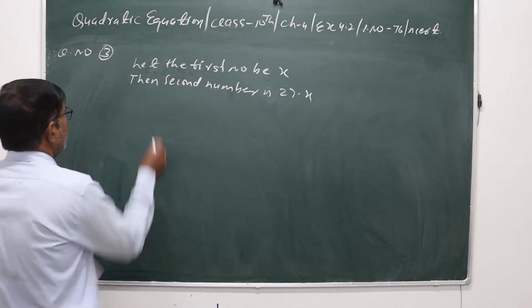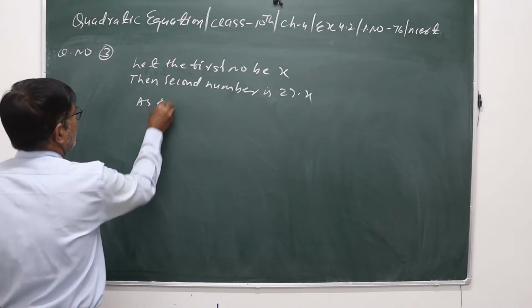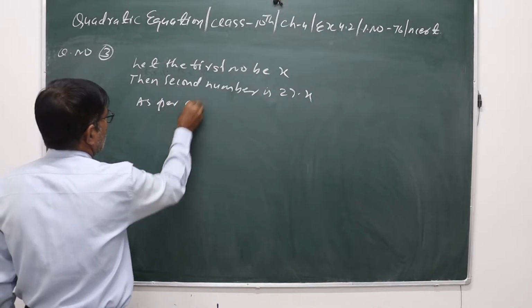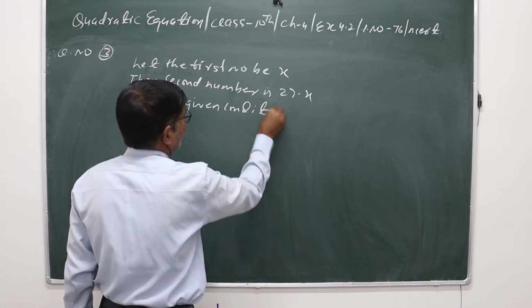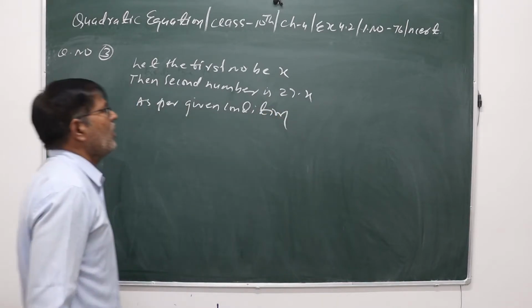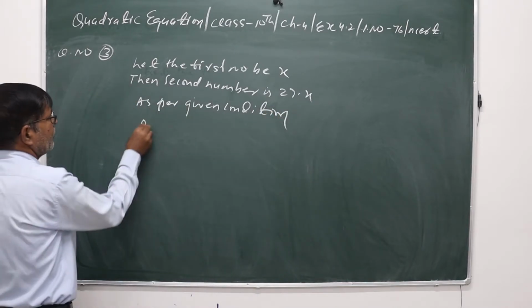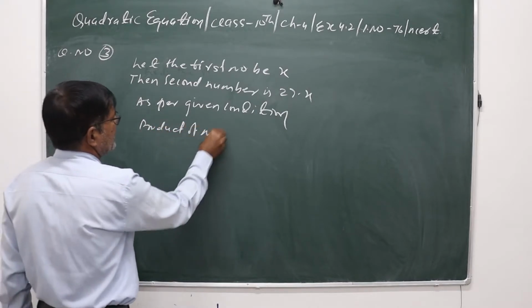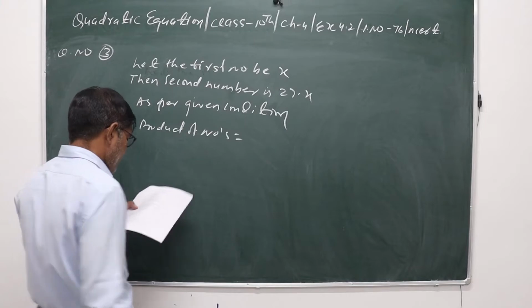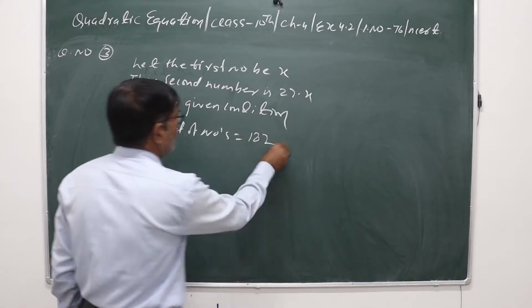Now as per the given condition, the product of these two numbers is equal to 182.